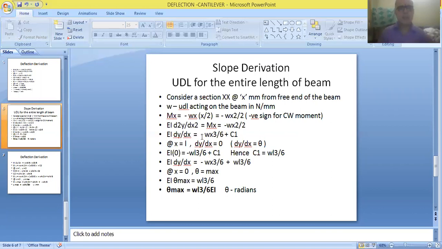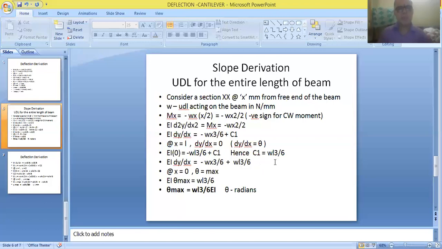Therefore, EI d square y by dx square is nothing but Mx, and Mx is obtained as minus wx square by 2. So it is written in this particular form. Now we are integrating this equation, and it comes to this form. Now when x is equivalent to L, dy by dx, that is theta, will be equivalent to 0. Using this relation, we get the value of C1.